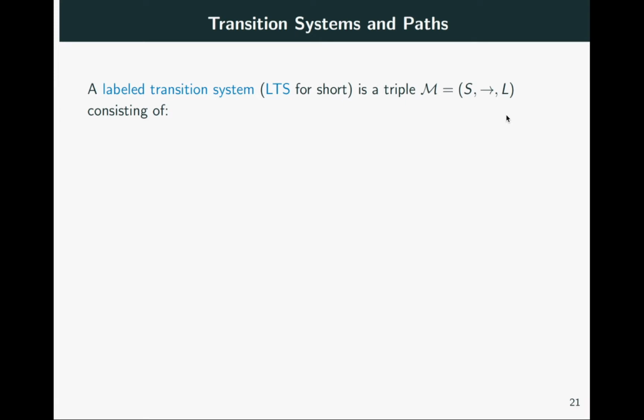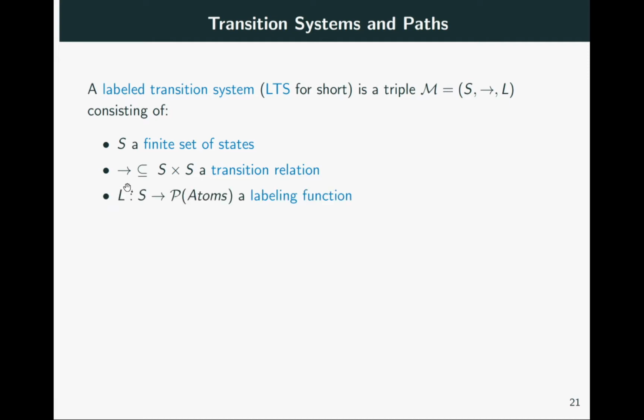An LTS M is a triple that consists of the following: a finite set of states S, a binary relation on S denoted by an arrow called the transition relation, and a labeling function between S and the power set of the set of atoms. As usual, a labeling function associates a set of atoms to each state.